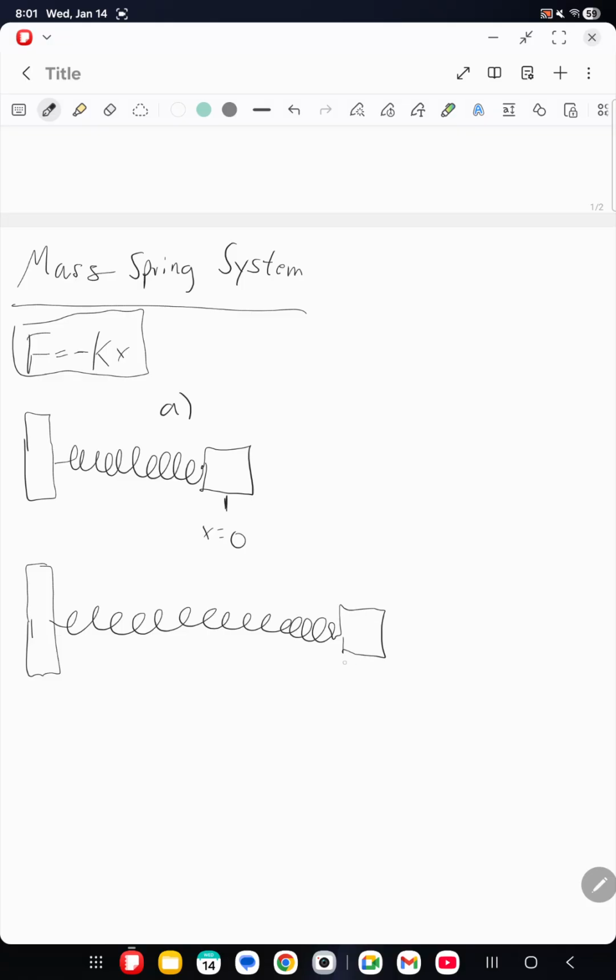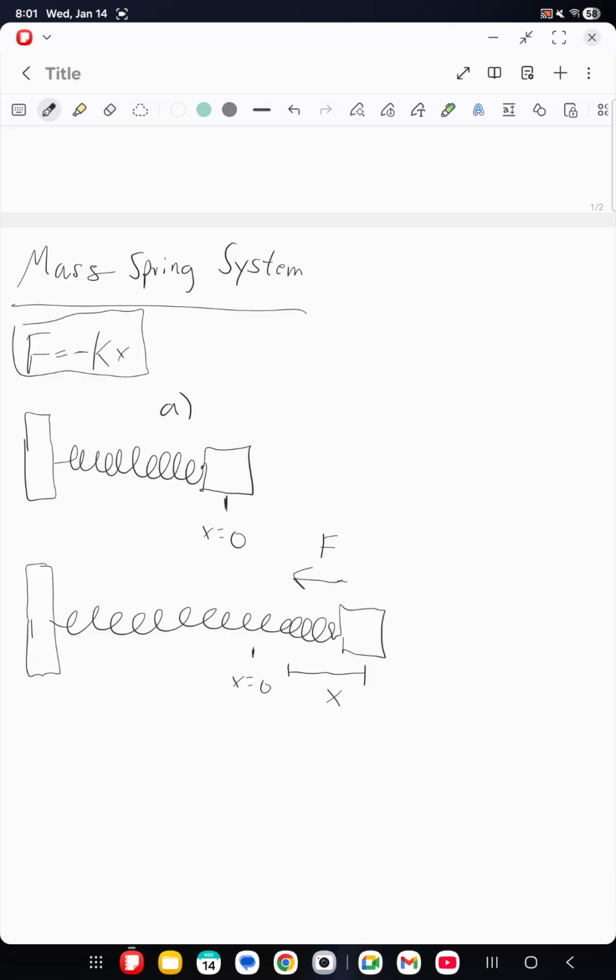The mass is now here, you have displaced it by x. And now, because it was displaced, it feels a restoring force in the direction opposite of the displacement.